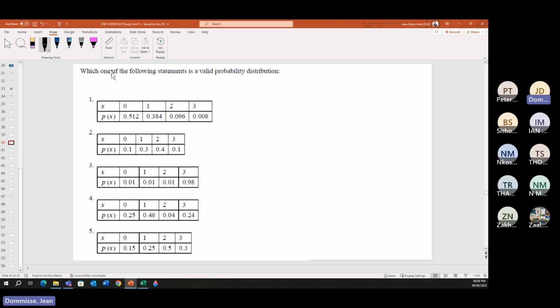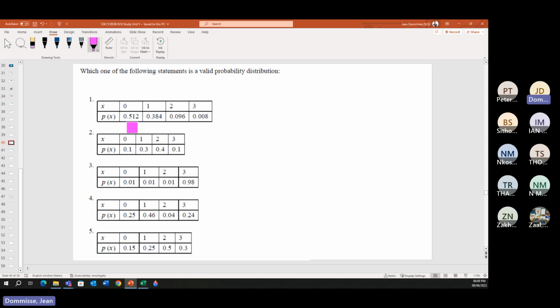Okay, so in this, they ask us which of the following statements is a valid probability. And Peter, that nearly comes back to what you asked at the beginning about equal to 1. So that's how I would first look at it: let's look at which ones don't equal 1 before we even look at all the weird other stuff that can happen.